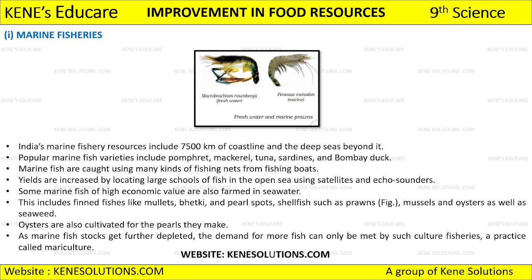Oysters are cultivated for the pearls they make. Always know this. And as marine fish stocks get further depleted, the demand for more fish can be met using culture fisheries, a practice which is called mariculture.